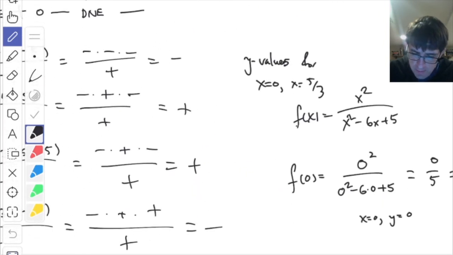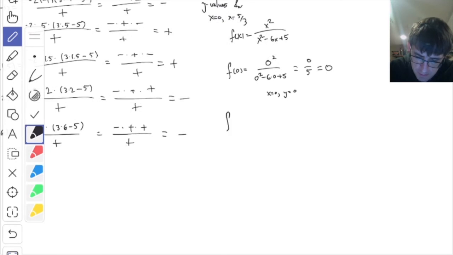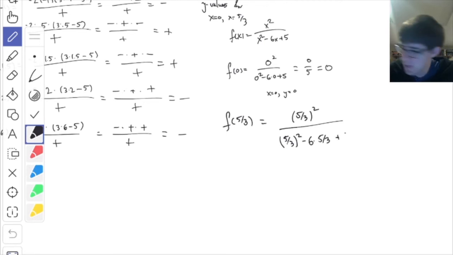Now this is going to be a bit of a pain to plug into the function, but it's f of 5/3. What's that going to be? 5/3 squared divided by 5/3 squared minus 6 times 5/3 plus 5. And this, unfortunately, I'm going to have to use my calculator. I hope you don't mind. Like I always say, ordinarily, on a test or a quiz, I would make it so that the numbers all work out nicely. So I'm going to multiply this out.